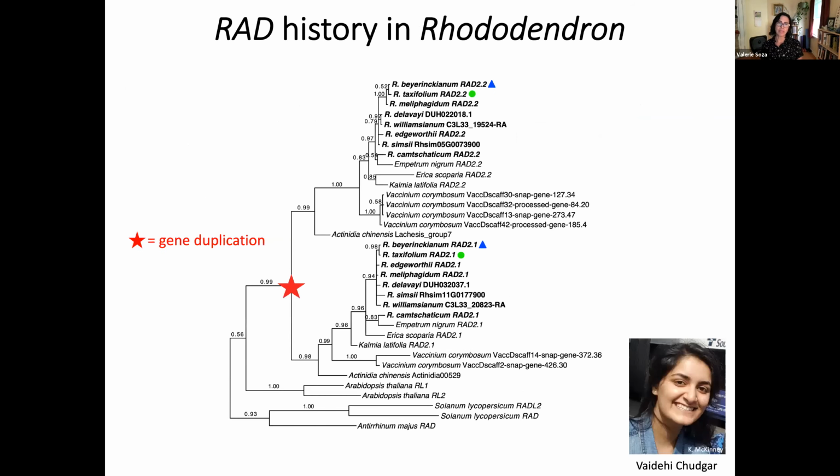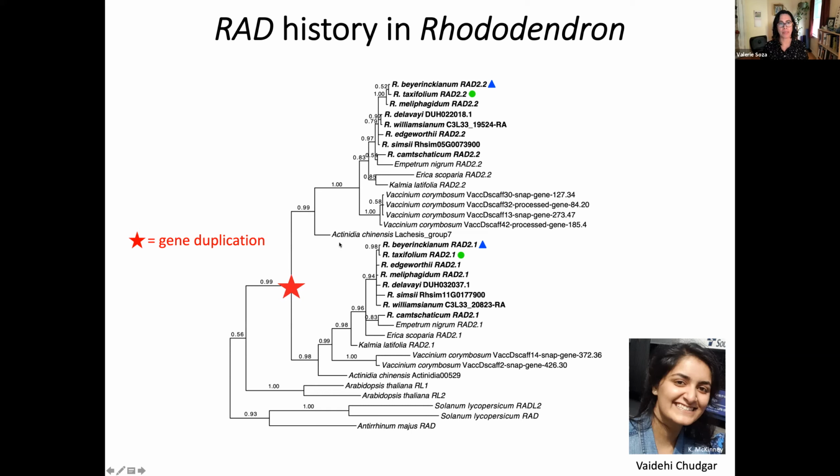And then when we looked at radialis, this was work done by an undergraduate student in our lab, Videhi. This had a different pattern to cycloidea in that we found 2 copies of this gene in Rhododendron, as indicated by the blue and the green circles in our two experimental species. And these 2 copies resulted from a very old duplication that was shared in an ancestor of the Ericales.